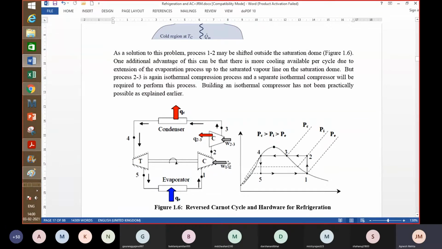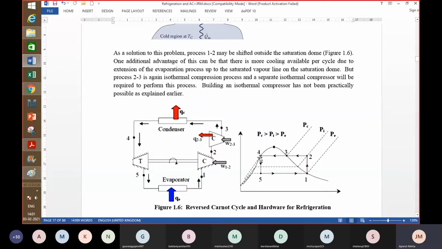So from point 1 you can draw this constant pressure line, and the pressure is given the name PE because it is evaporation which is occurring here in process 5-1. So it's given the name PE. Now you are compressing it up to point 2, and another constant pressure line is drawn through point 2, and it's given the name PI.